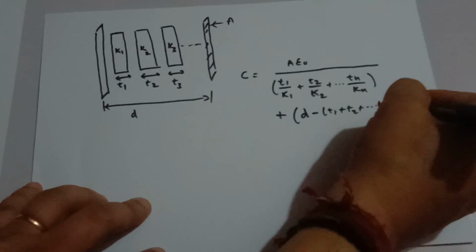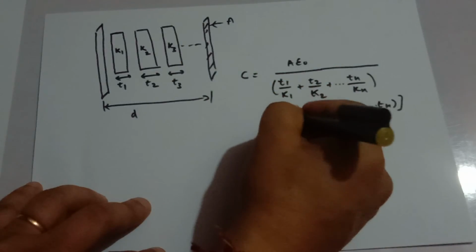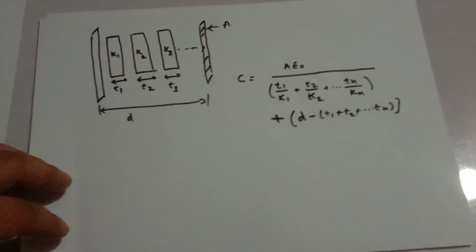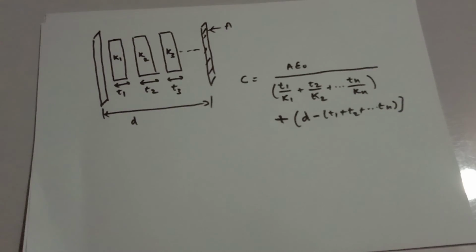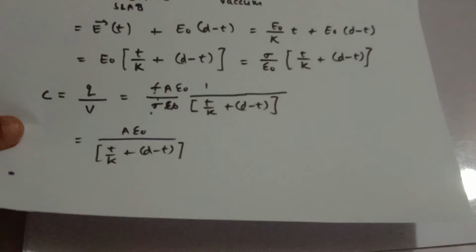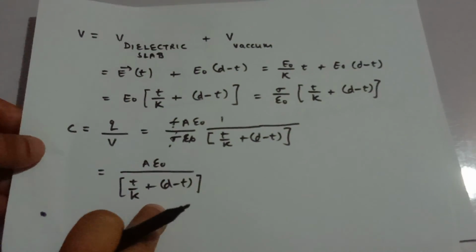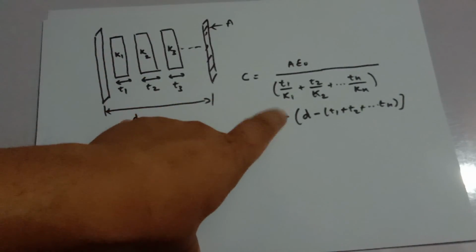That is the expression for the capacitance of a parallel plate capacitor having a number of dielectric slabs. The earlier one was for only one dielectric slab, and this is for a number of dielectric slabs.